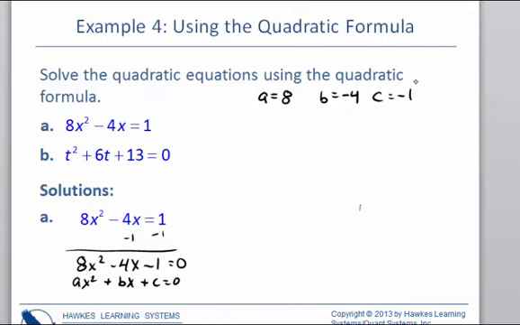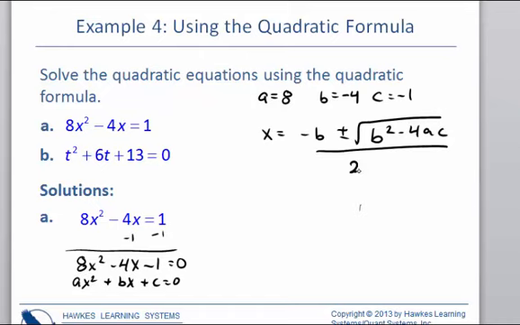All right, and then you can plug into your quadratic formula. So I'm going to write the formula down. x is equal to negative b plus or minus the square root of b squared minus 4ac all over 2 times a. All right, so what we're going to do here is just go through and plug these numbers in the correct spots.